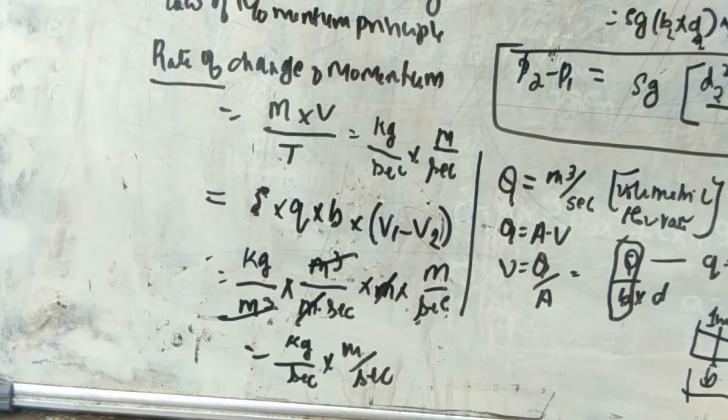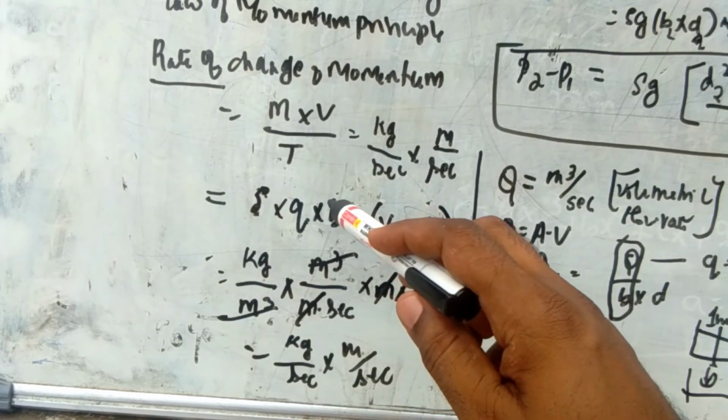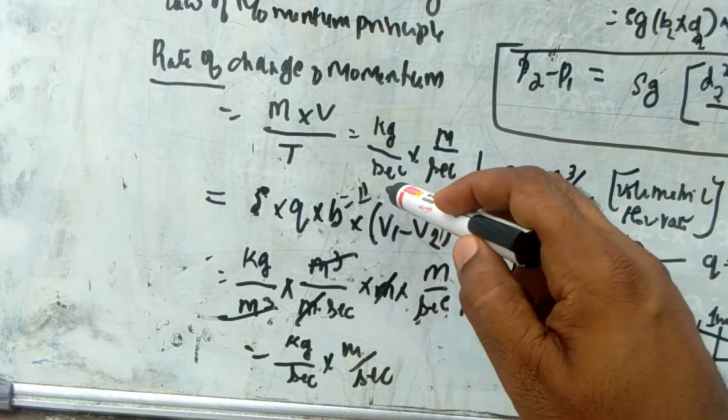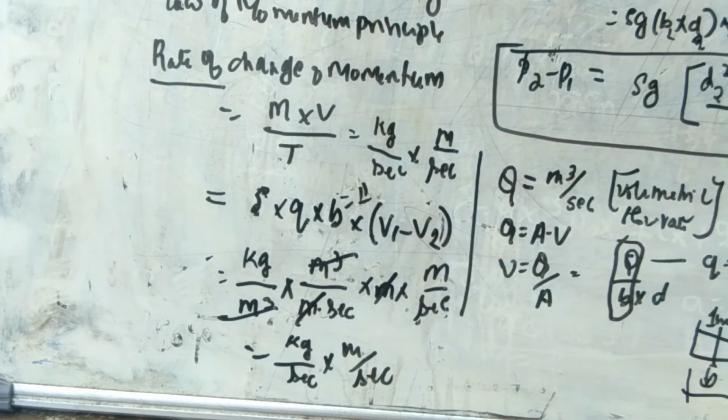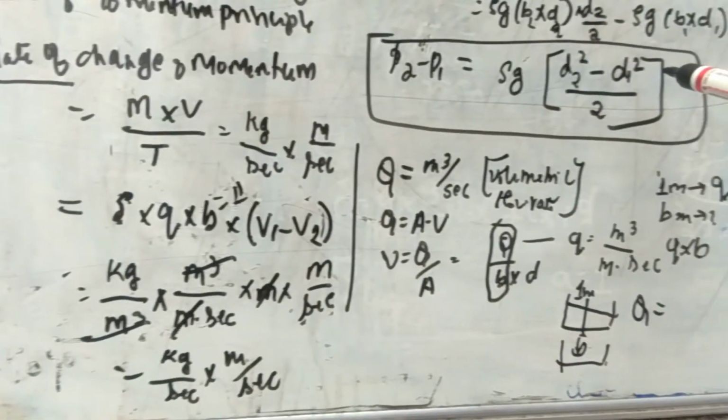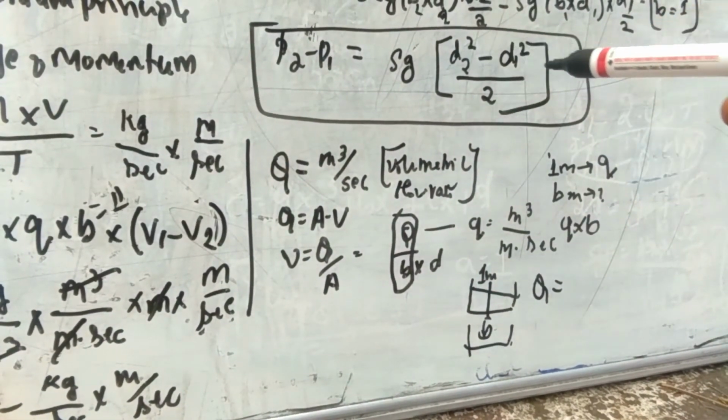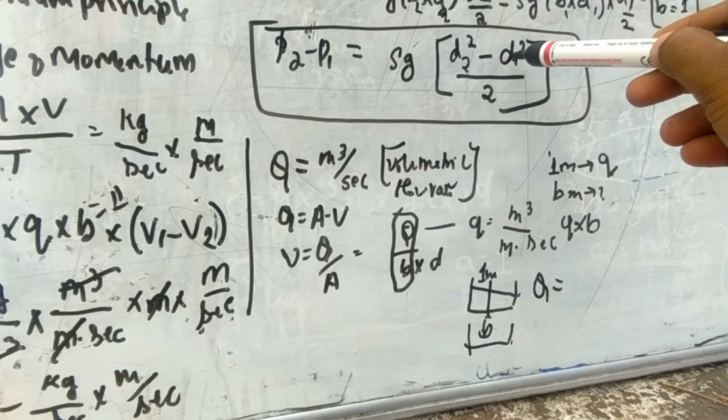So the next procedure is what we can do. We get rho q b into v1 minus v2. Compare that with rho g into d2 square minus d1 square divided by 2.